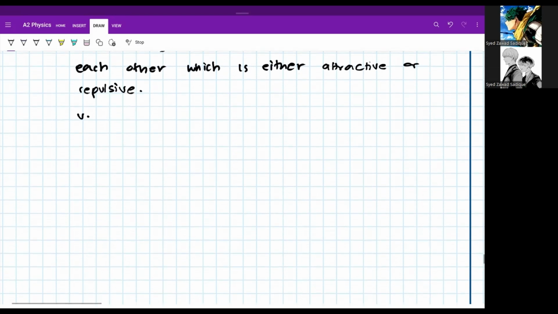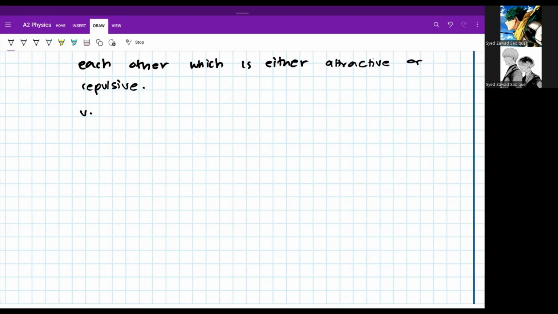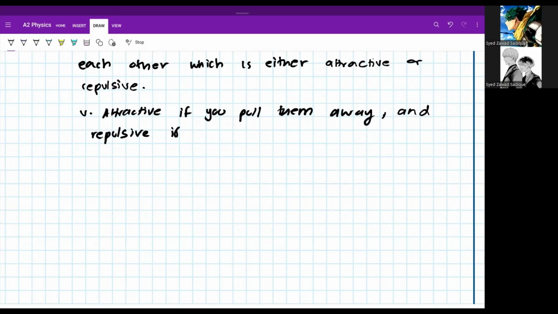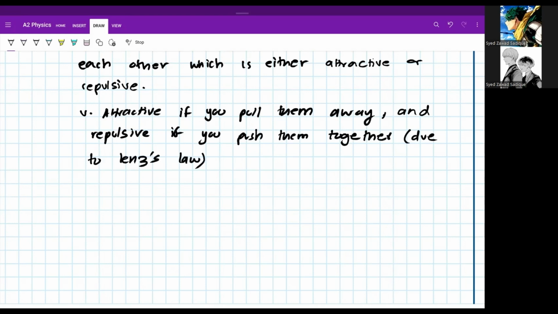Okay, now you have to understand this concept very carefully. Now, the force will be attractive if you pull them away. And it will be repulsive if you push them together. This is due to Lenz's law.